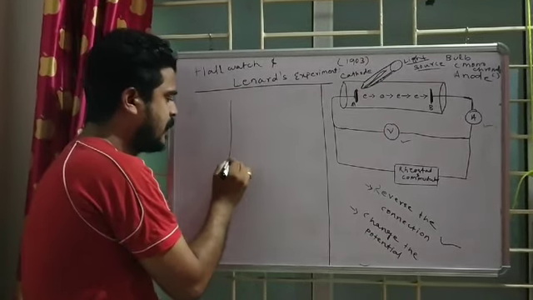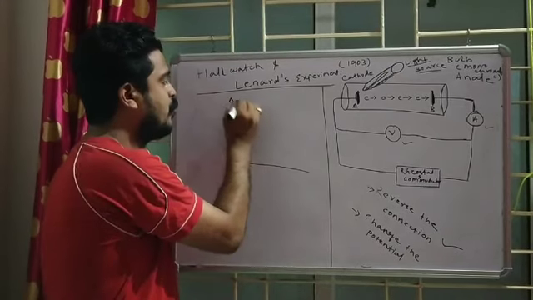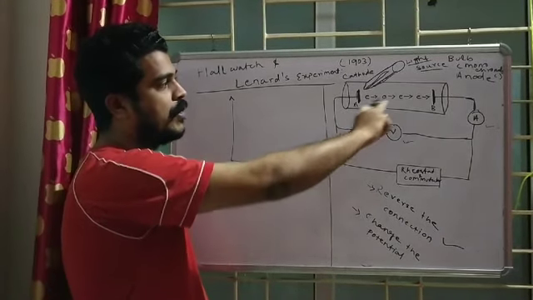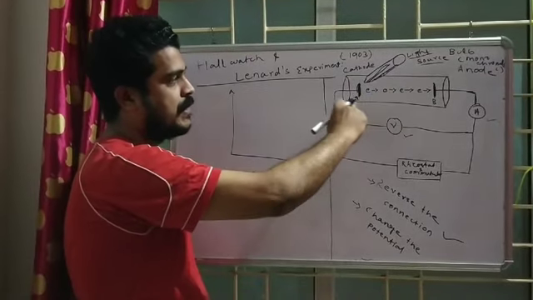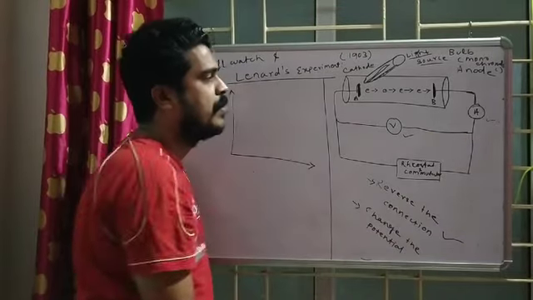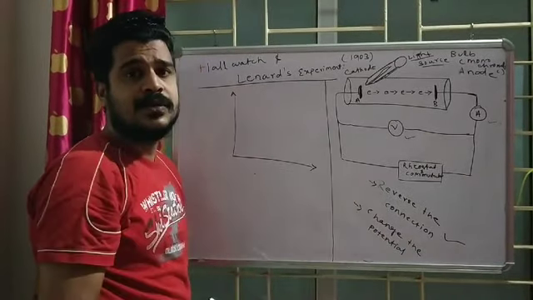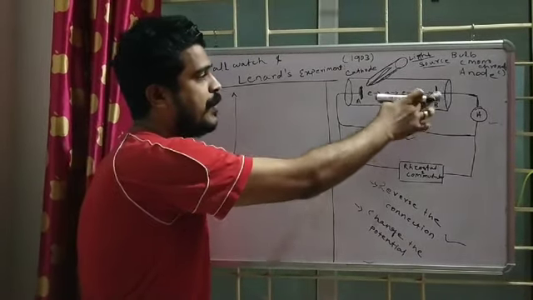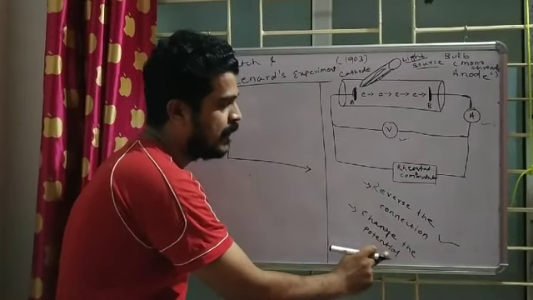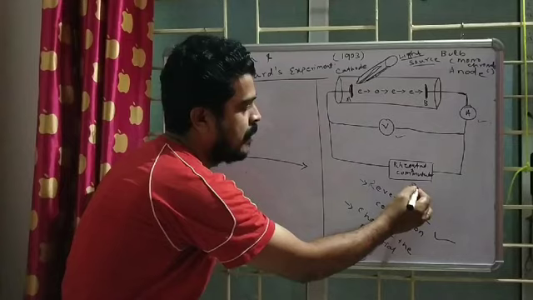They plotted a graph, and this is the graph you need to know. You have to write some theoretical setup like this. This is the closed glass setup. Ammeter is used to measure the photocurrent. Voltmeter is used to measure the potential difference between these electrodes. Rheostat is used to change the potential of the supply.